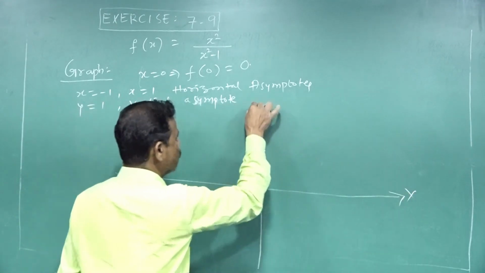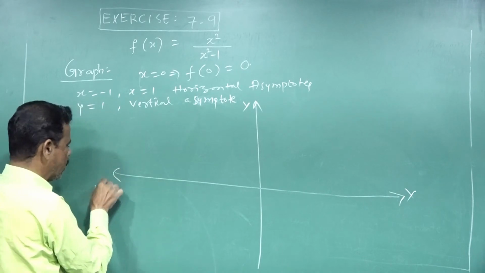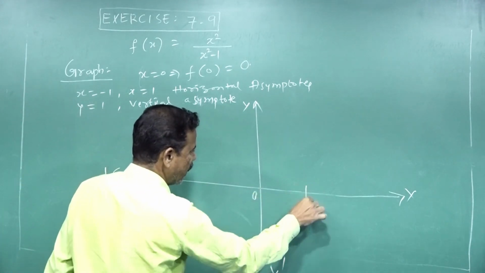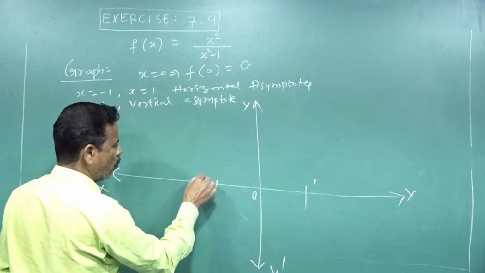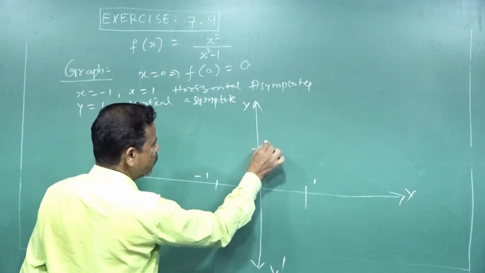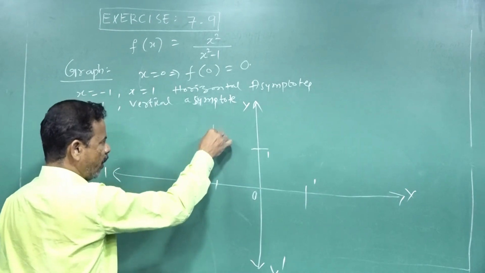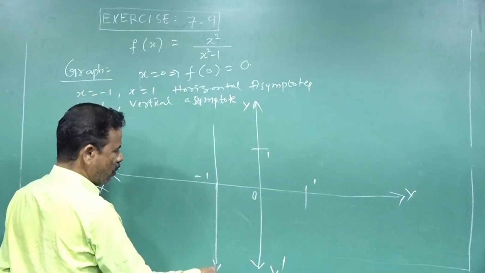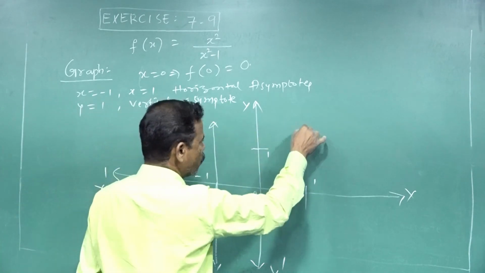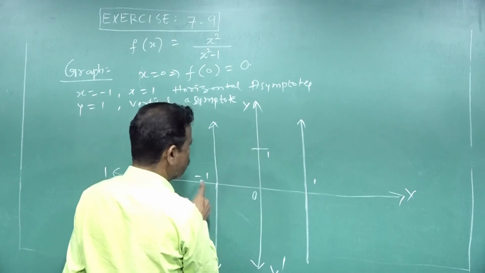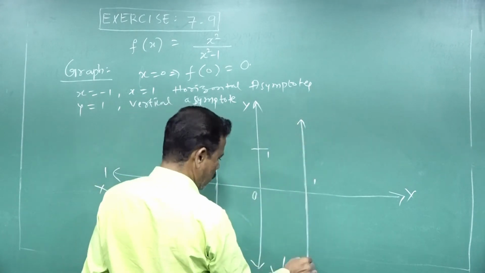This is the x-axis, y-axis. This is the negative x-axis, negative y-axis, origin. So here x is equal to 1, here x is equal to minus 1, here y is equal to 1. So x is equal to minus 1, this is the vertical asymptote. Here also x is equal to plus 1, this is also a vertical asymptote.